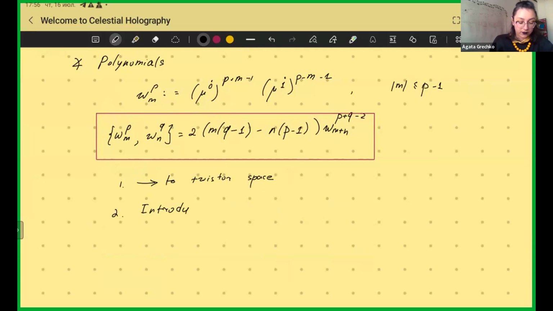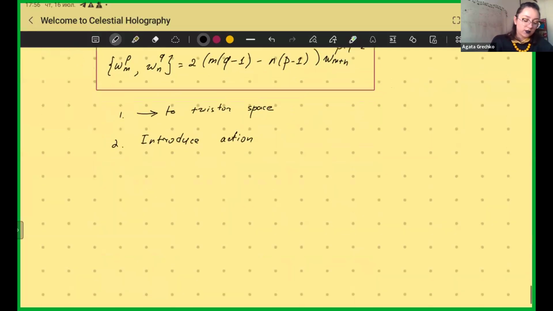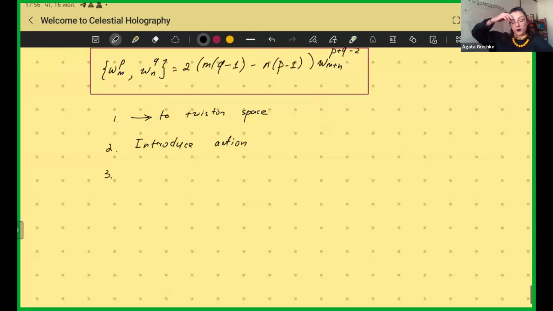In this article that I cited, we introduce the twistor sigma model action, and then we define the corresponding Hamiltonians from this action that represent soft gravitons. In this theory, then we introduce Hamiltonians.